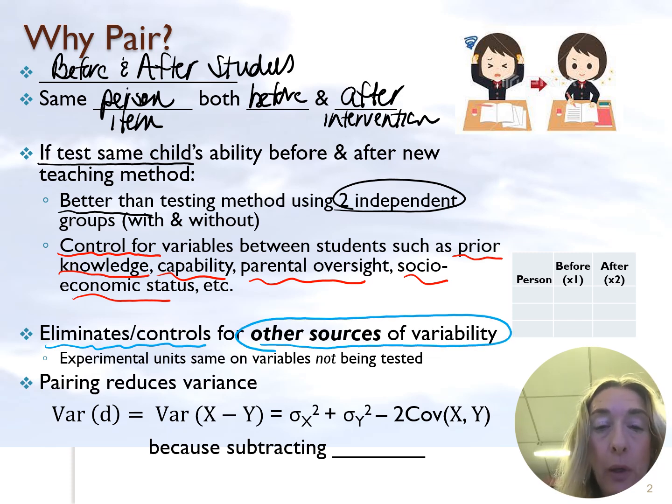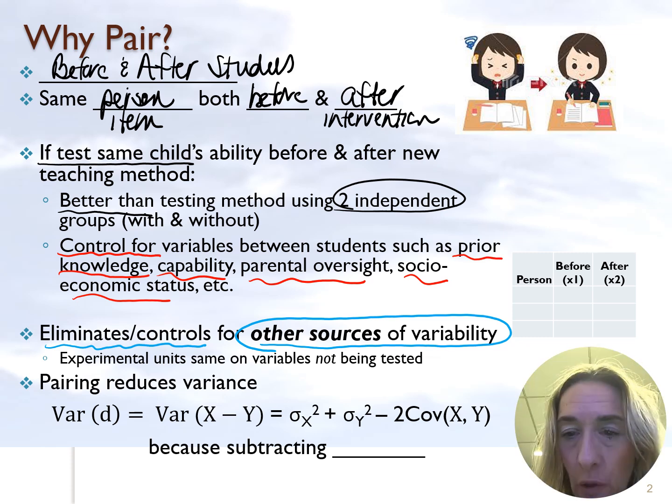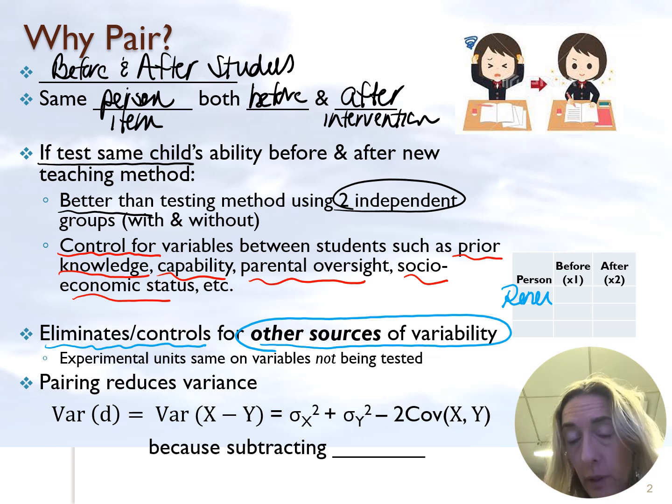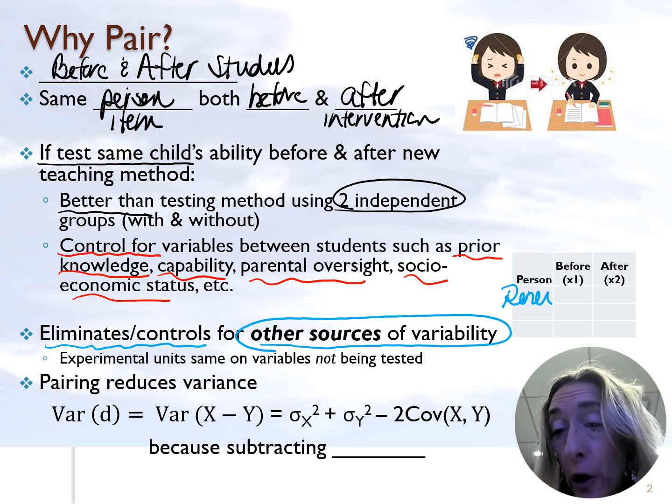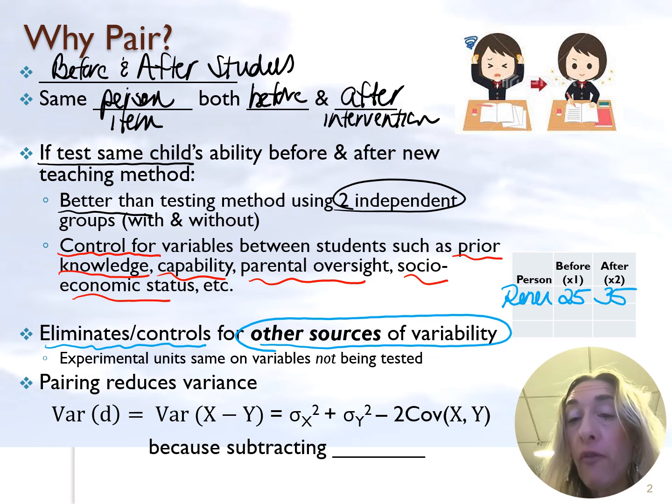That's key. So you'll recall that with pairing, the experimental unit remains the same both before and after, or without and with your intervention. So let's say we are measuring Renee. She is an experimental unit, but we're going to record her measurements both before and after.